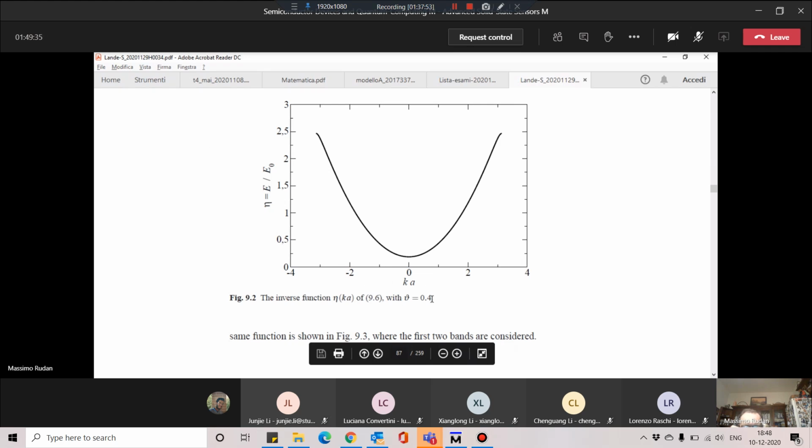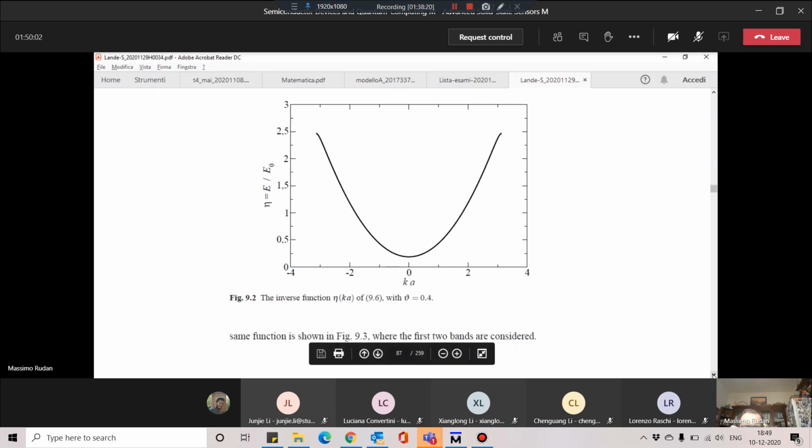And here, instead of K, there is K times a. The Brillouin zone goes from the vertical line marking, of course, minus pi in this scale, okay? And the other edge of the Brillouin zone is pi, okay?